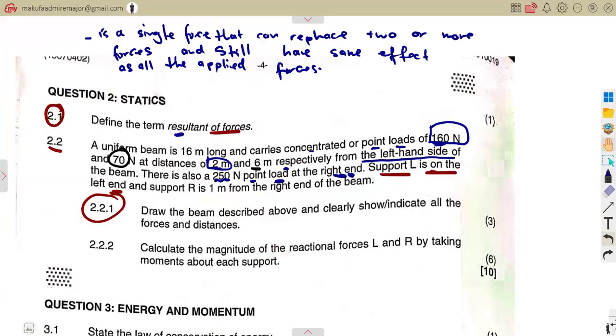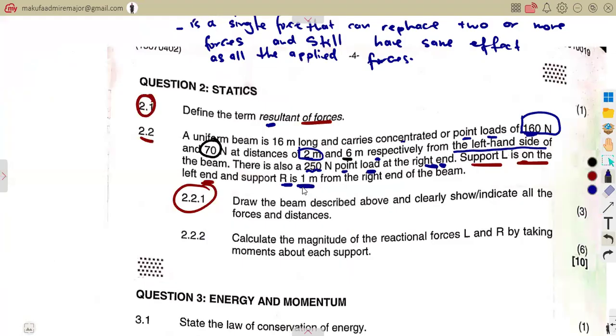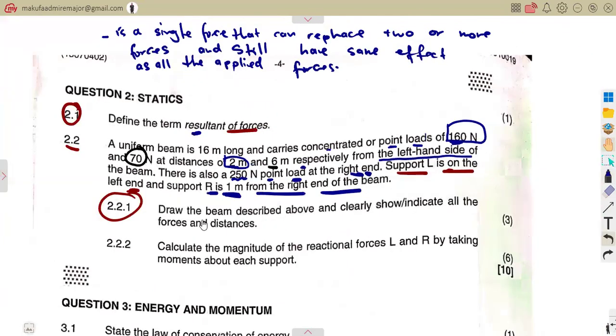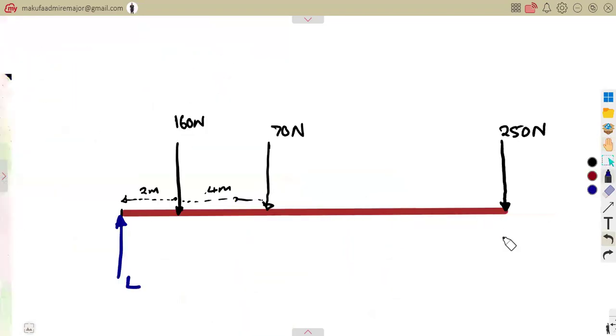And another support R is 1 meter from the right end of the beam. 1 meter from the right end, going this side. So maybe somewhere there, that is where we have got our 1 meter. We have got a support from this side, so this is it up to the end. So that is 1 meter.